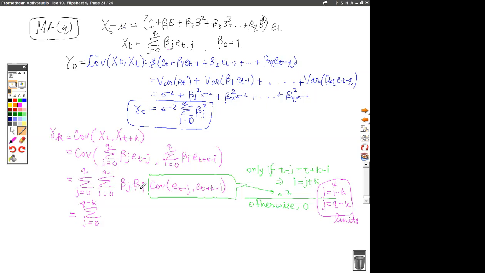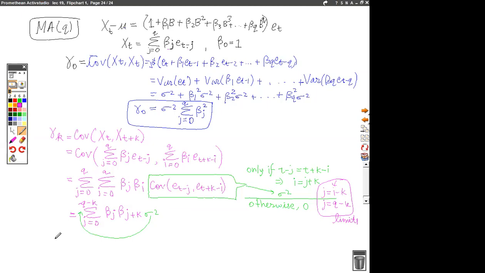And instead of i, I'm going to write j plus k. So I have beta_j here, and this will be beta_(j+k), and this sigma squared as it is. Sigma squared can be taken out because it is just a constant.